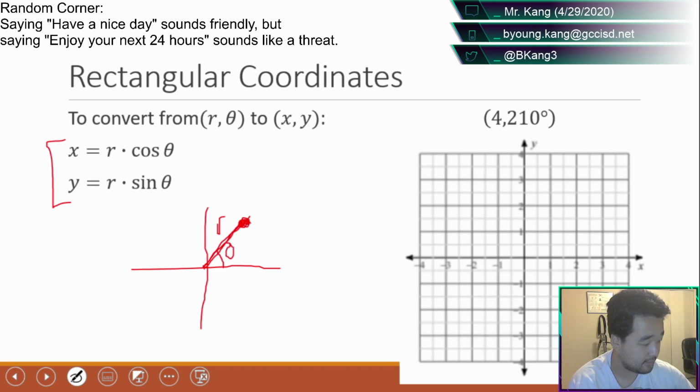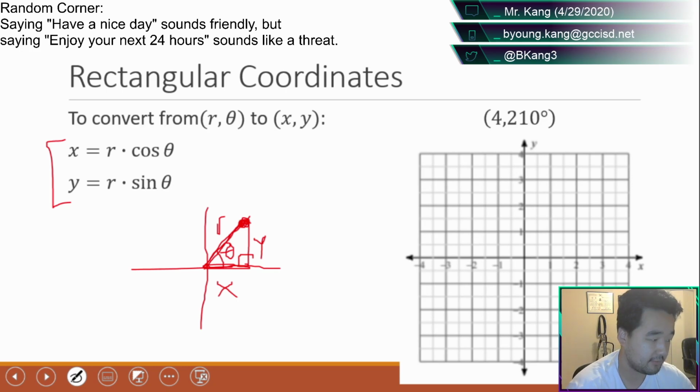The theta is how far away from 0 you've turned. And now I want the x coordinate and I want the y coordinate. This actually perfectly reflects a right triangle. So that means SOHCAHTOA applies to everything. Pythagorean theorem and SOHCAHTOA apply to everything that we do with polar and rectangular things.